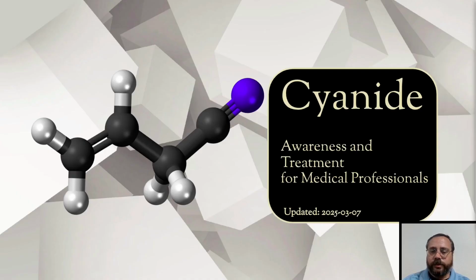Those nitriles, those products that have cyano in their name, anything with that nitrile designation, they all have cyanide bound in their chemical structure. It's a common component in our nitriles, our plastics, our other polymers.